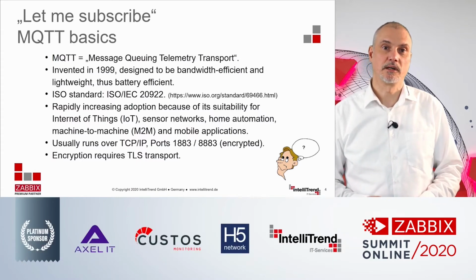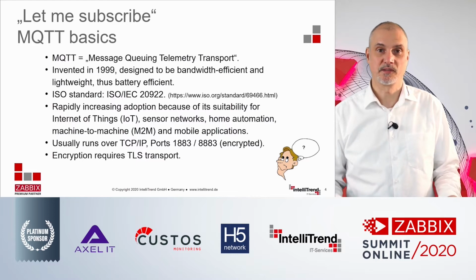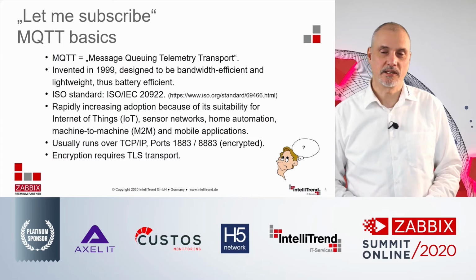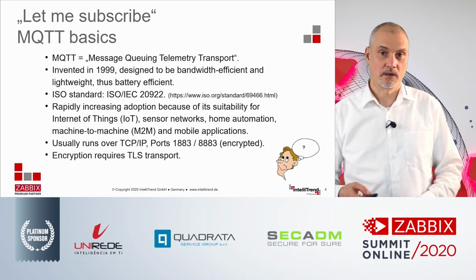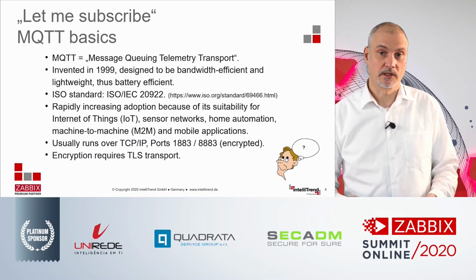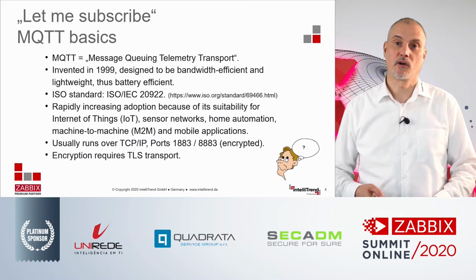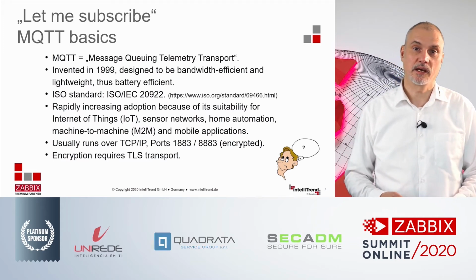Usually it uses the well-known TCP/IP protocol as a transport protocol, and for that it uses the default port, which is 1883. MQTT can also be encrypted using the TLS transport mechanism, and in this case the default port would be 8883.